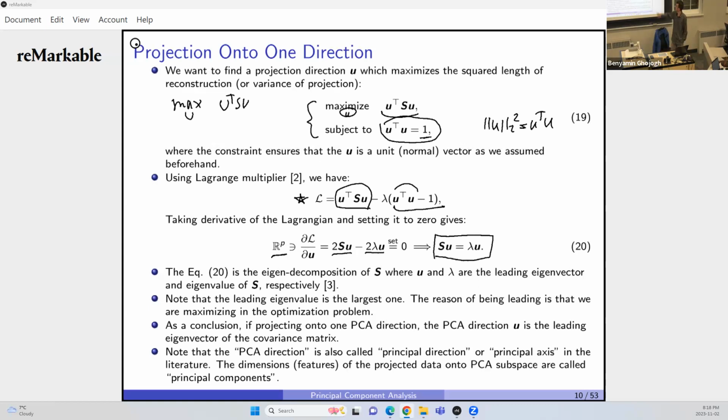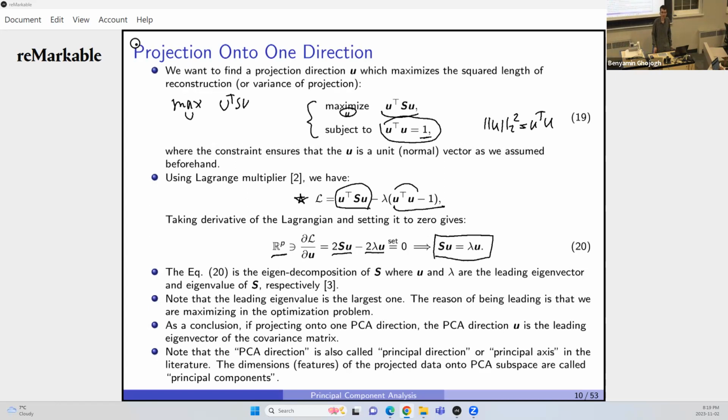What is this? Recall preliminaries. As you see, preliminaries are very important in my courses. So SU equals lambda U. What is that? That is the eigenvalue problem for matrix S. Did you study the preliminaries? Do you remember we had it? This was the eigenvalue problem for matrix S, where U is the eigenvector and lambda is the eigenvalue.